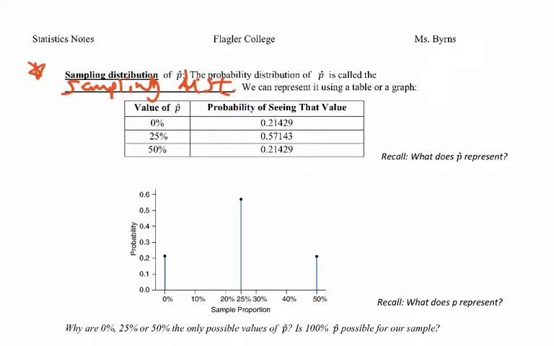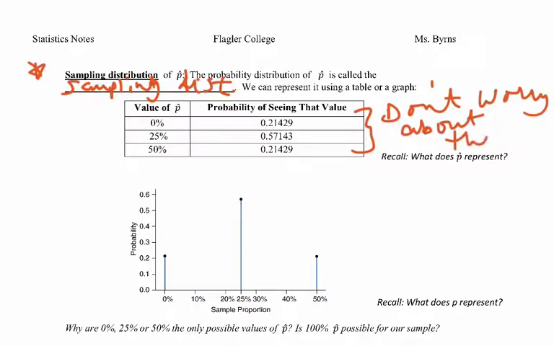All right. So the possible values for p hat were 0, 25%, or 50%. The probability of getting each of those values is in the table here. Now, a little note: don't worry about where I'm getting these values from right now. Don't worry about these numbers, because this is not the important thing to focus on.